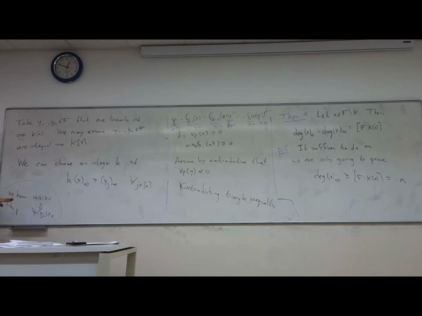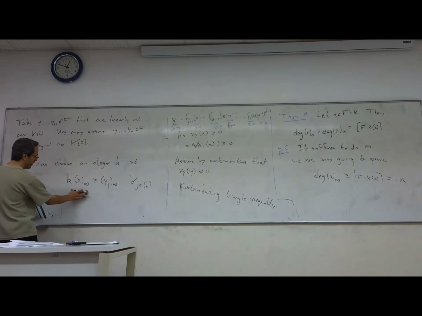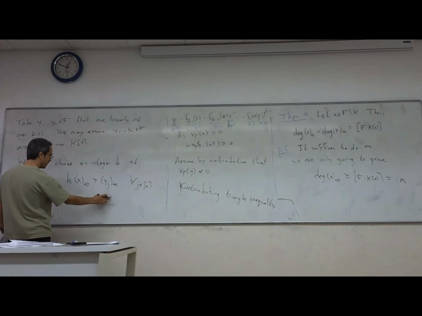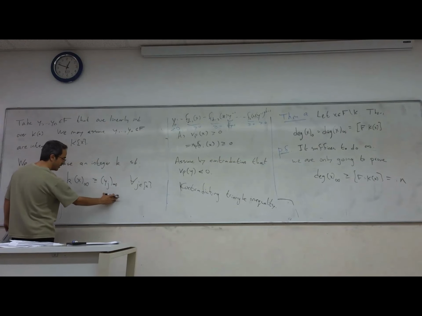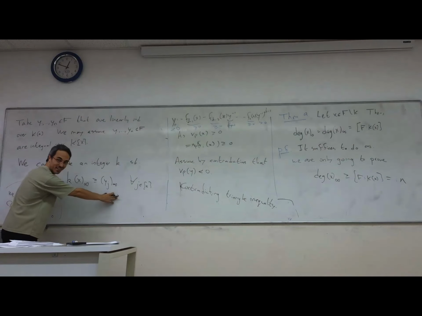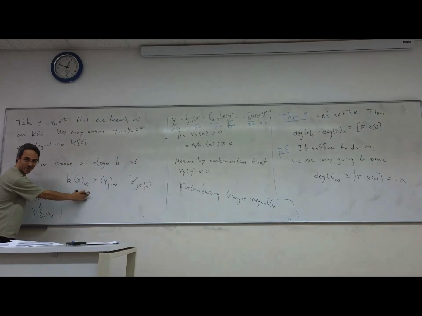So we know that. So this means that if something is positive here, which means it's a pole of yj, then it's also positive here.